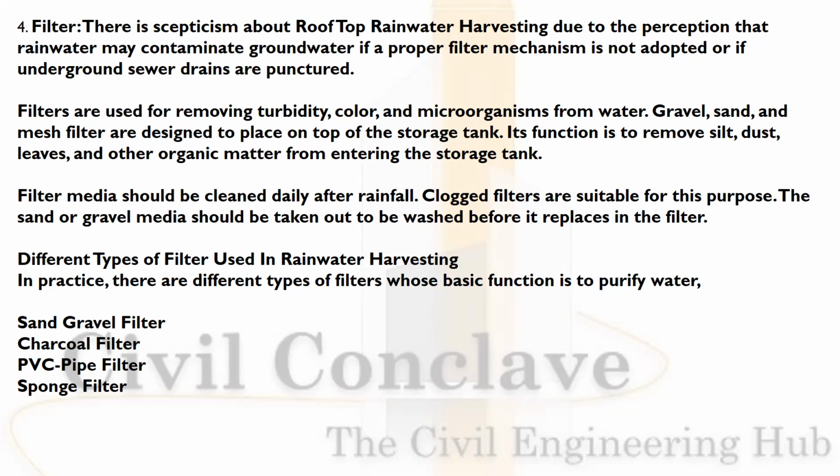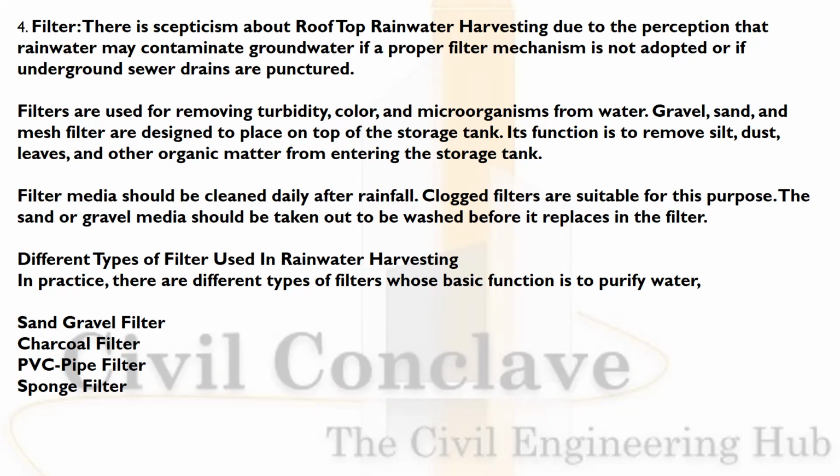Gravel, sand, mesh are designed to be placed on top of the storage tank, which will remove the silt, dust, leaves, and other organic materials from entering the storage tank. Filter media should be cleaned daily after rainfall. Clogged filters are not suitable for the purpose. The sand or gravel media should be taken out, washed, and replaced in the filter.